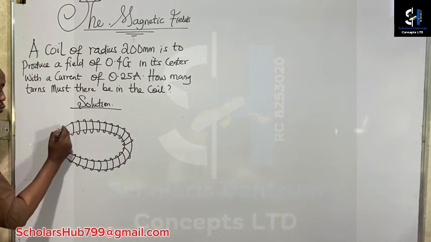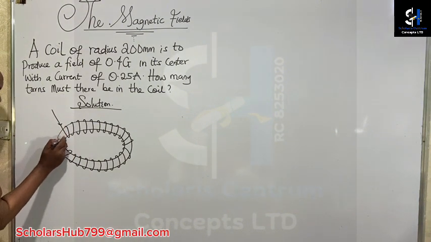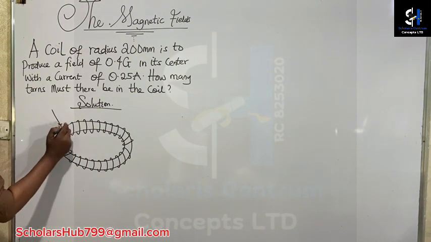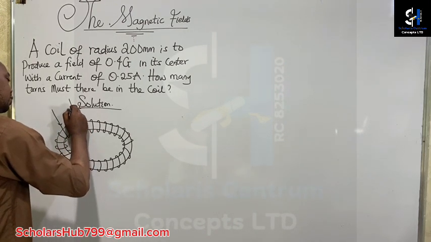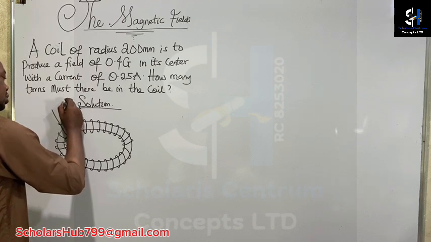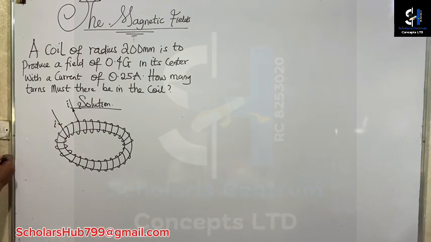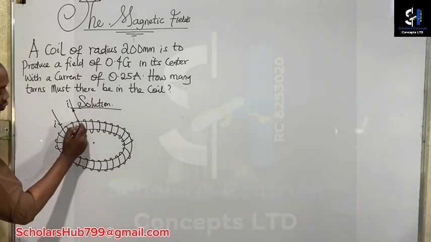Now, how does the current enter the coil? Let's say the current enters from this end, and it leaves the coil on this end. So this is I, and this is also I. This is the center of the coil.